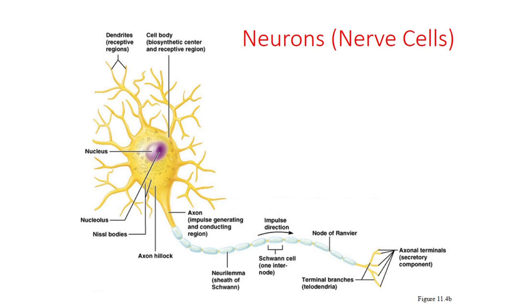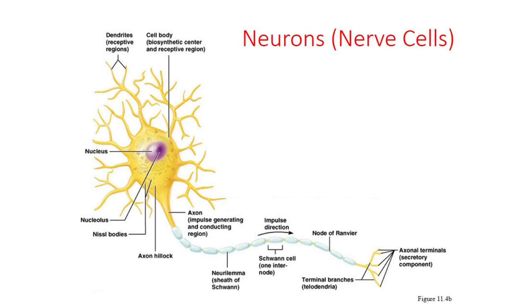It's receptive in some regards because the signals from the dendrites have to go through the soma to get to the axon. The axon is an impulse generating or conducting region for the neuron. The first part of that axon is called the axon hillock. It's kind of the triangular part that is attached to the cell body.